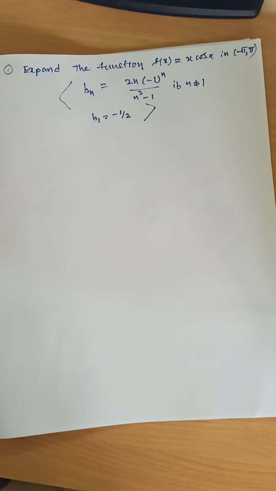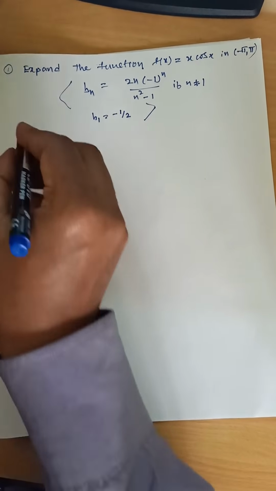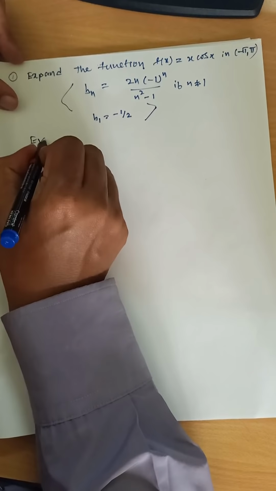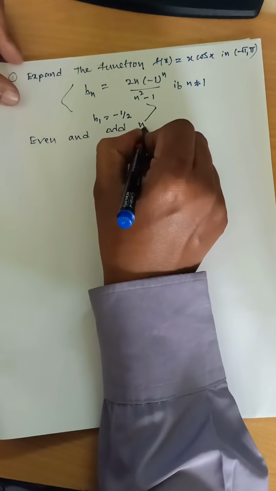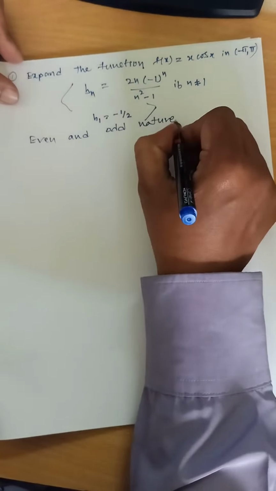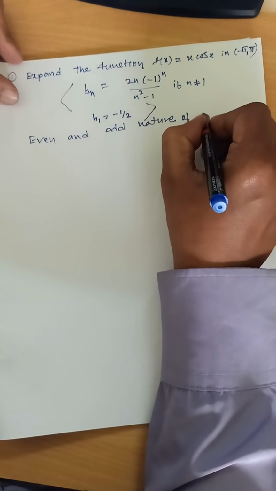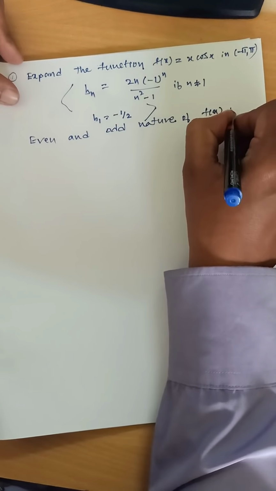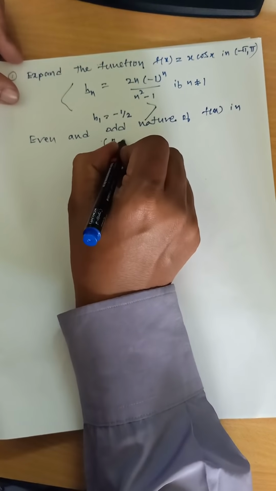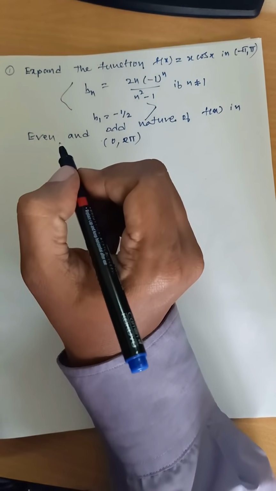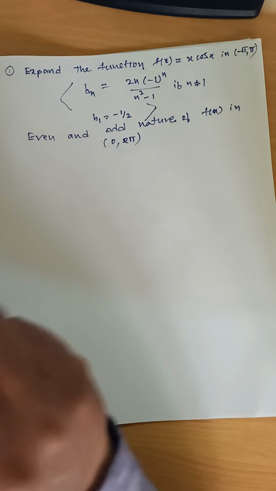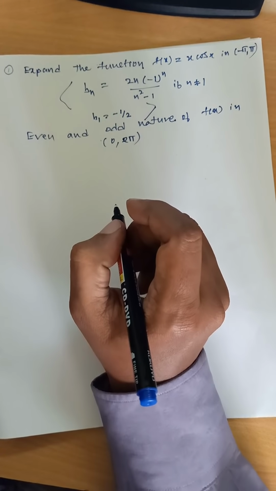So next we are going to discuss even and odd nature of the function f of x in 0, 2 pi. I already told in this unit we are constructing the Fourier series of f of x in 4 sets of intervals.